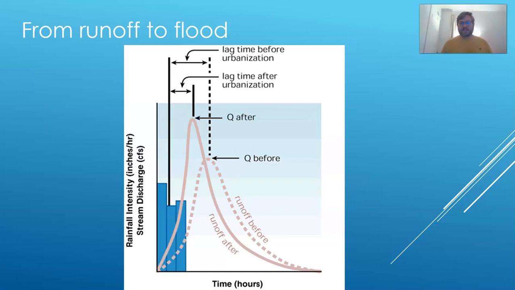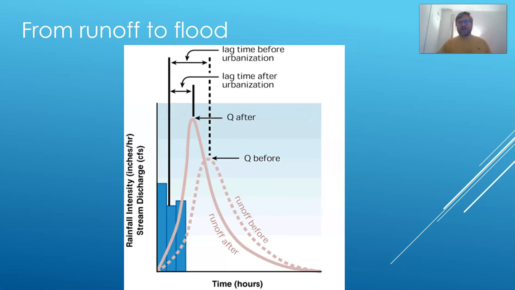When we have urbanized the area, and I should say that the dotted line there is the non-urbanized land curve, when we build lots of paved things and hard roofs on our buildings and so forth, we shift that curve. So the peak happens sooner because stuff is running off right into the streams. It's not getting absorbed into the soil and vegetation and slowly making its way to the stream.